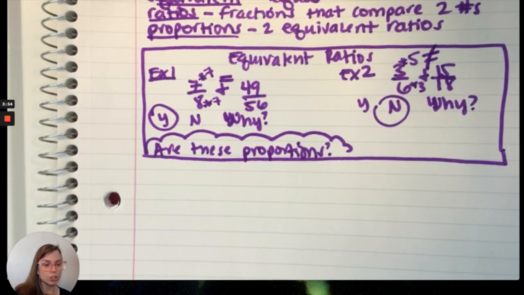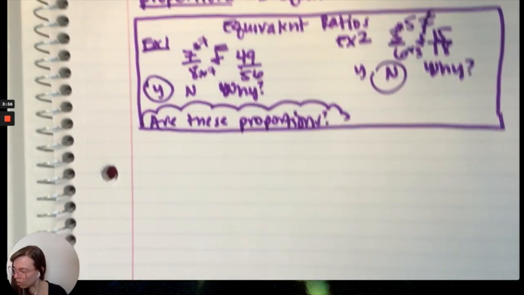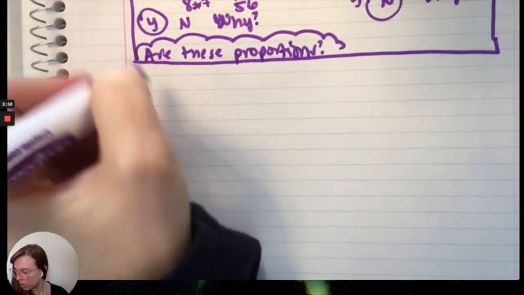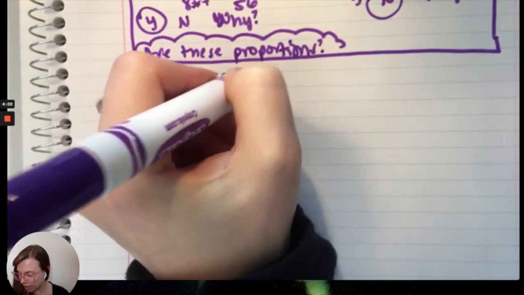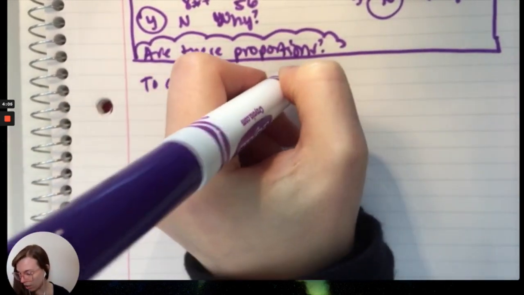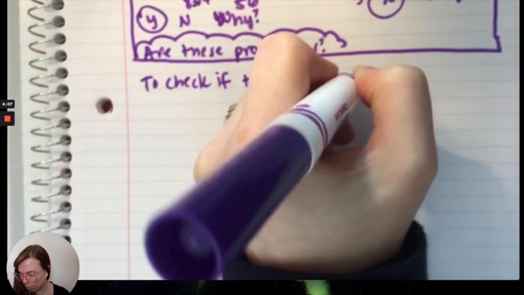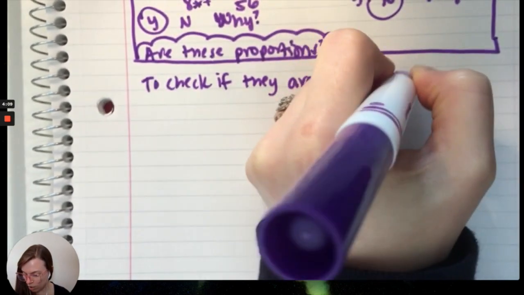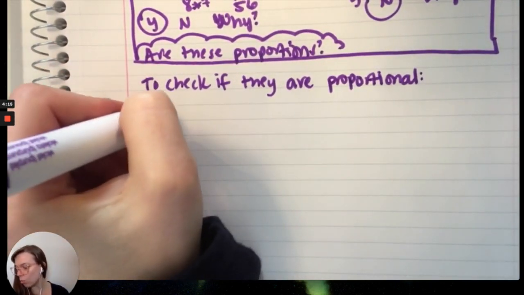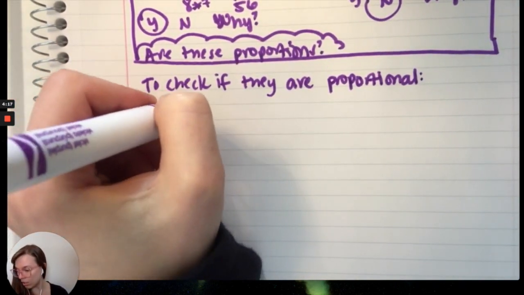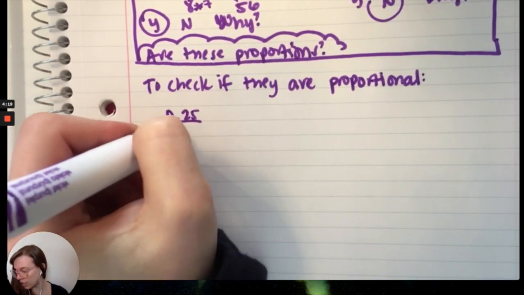All right, so we are going to have a little mini to check if they are proportional. Okay, so if something says, hey, you have these two fractions, are they proportional? So one example of this is this.